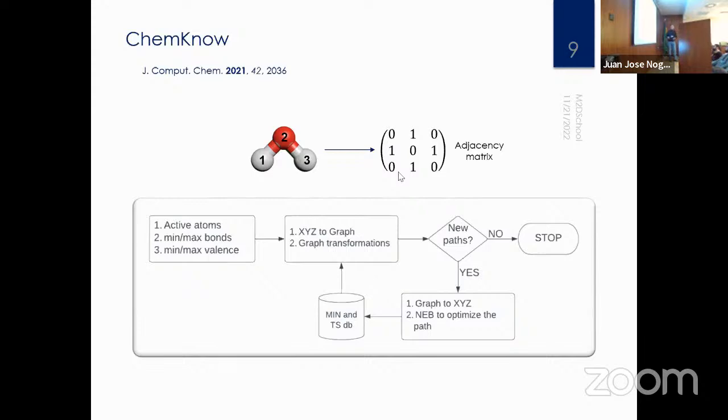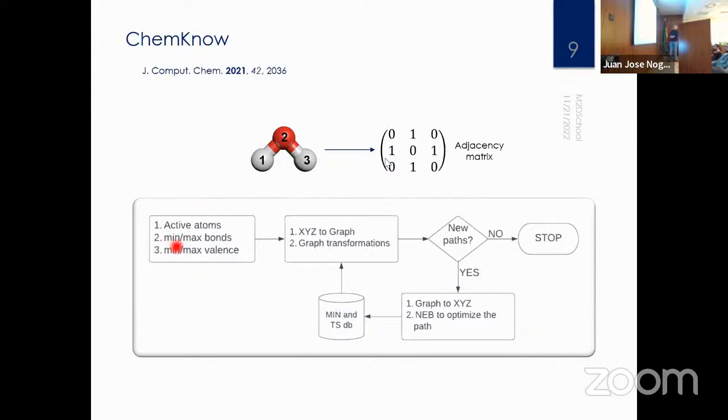Then you can define the maximum bonds that can break at each step. Maybe you can say only 2 bonds can break and form. And this is very typical. It is very rare to find a transition state with more than 2 bonds breaking or forming. You can say 2, 3, whatever you want, depending on your system. This the user has to decide.